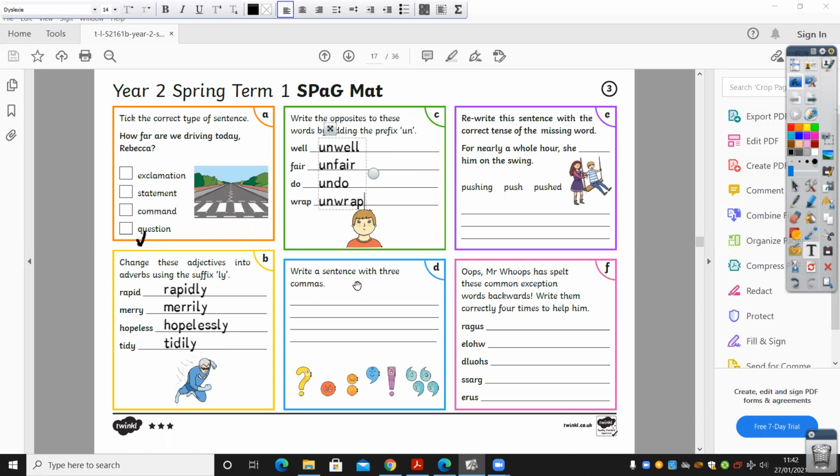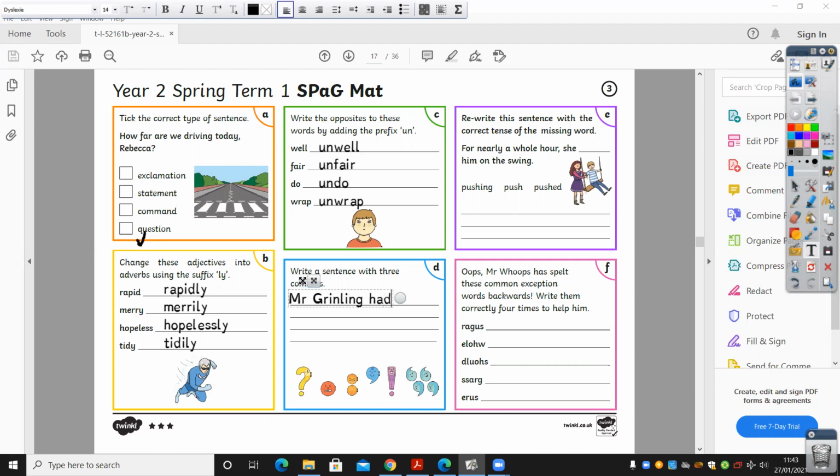Let's have a look at question D. It says write a sentence with 3 commas. Well, when we write a sentence with commas, I could write a list. What sort of list could I write? Now, we know that I'm talking about Mr. Grinling a lot and his love of food, so I'm going to write a sentence about Mr. Grinling.